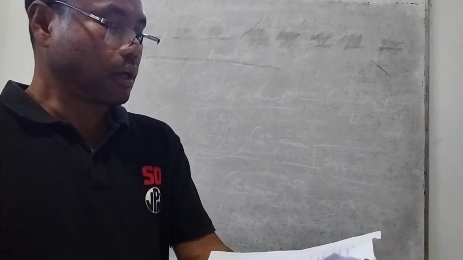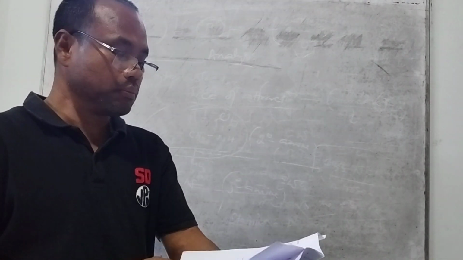The first question type is very short answer, carrying 1 mark, and there are 10 questions, and there are 4 questions for objective multiple choice questions. Then there are 10 questions for the short answer type 2, carrying 2 marks.